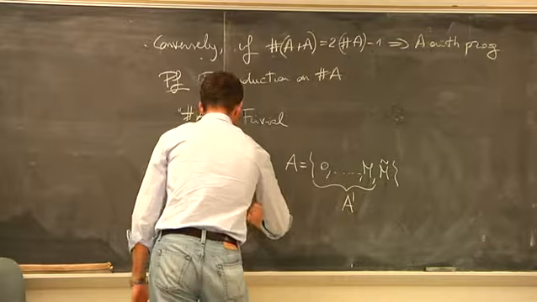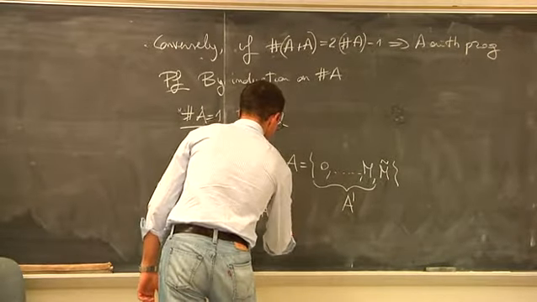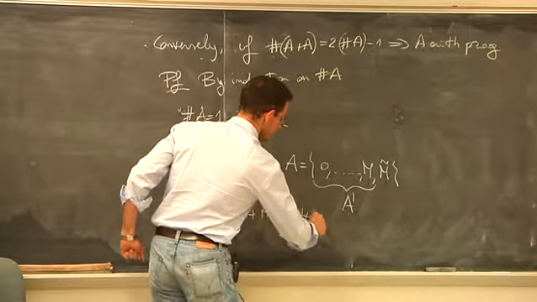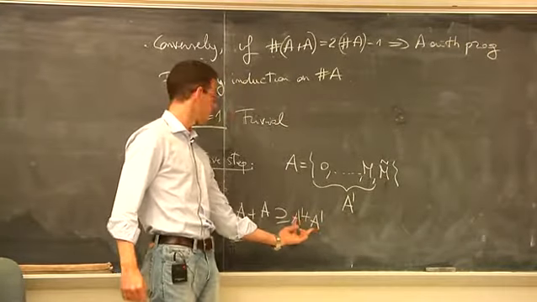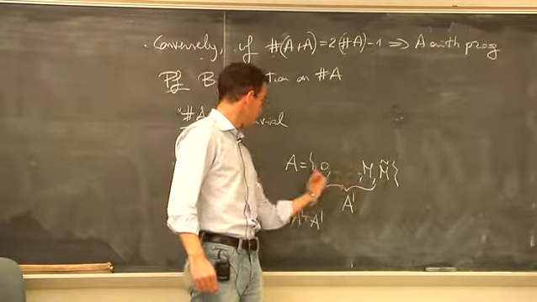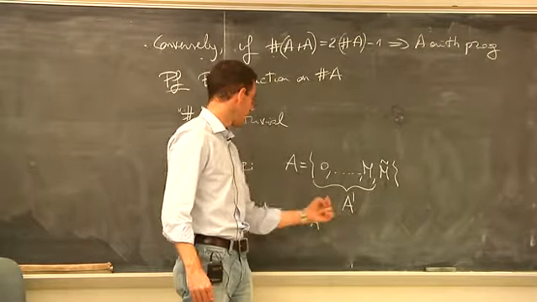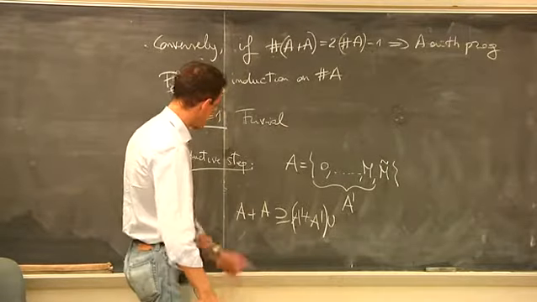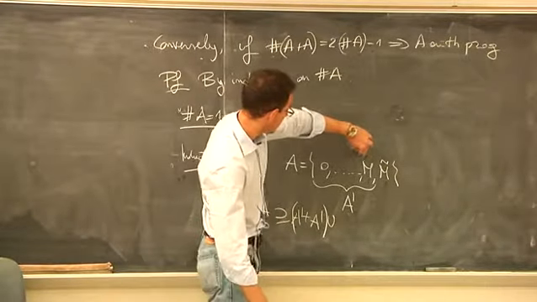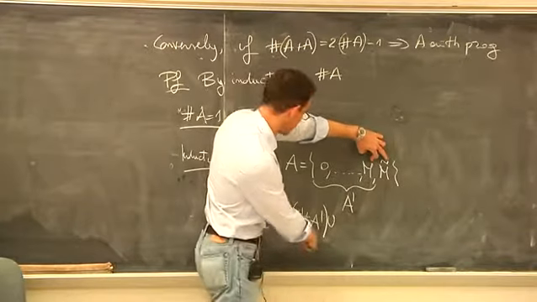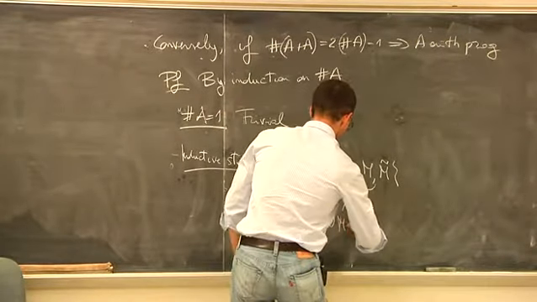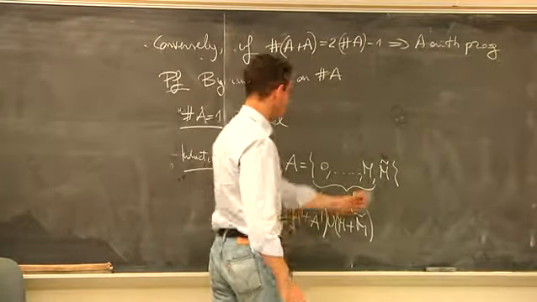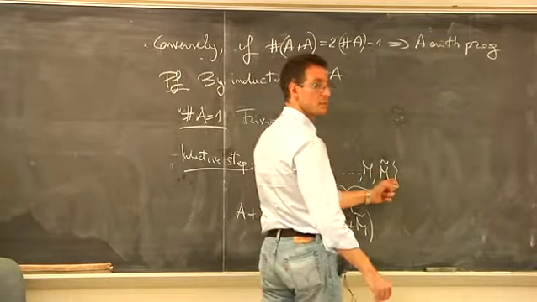So A plus A contains the following set. You have A prime plus A prime, because you take every possible couple where both elements are in A prime. Then in A plus A you also have M plus M tilde, which is not here. And then in A plus A you also have twice M tilde, M tilde plus M tilde.